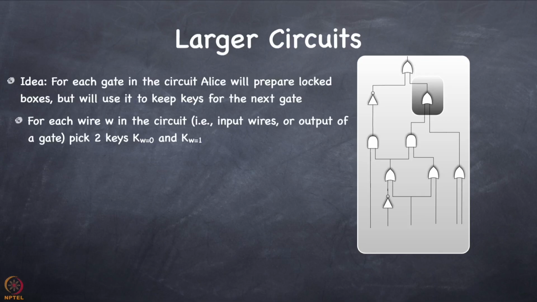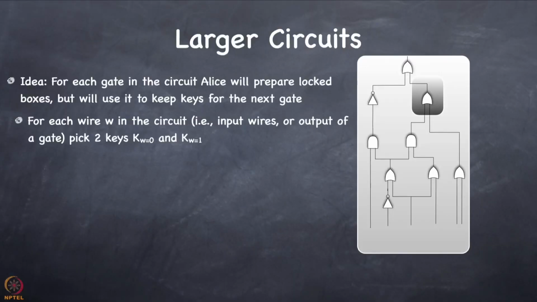In the previous case, there were only 2 wires, when there was only one gate: X and Y, the 2 input wires. Now there are many wires in the circuit. For each of them, there will be 2 keys corresponding to W equal to 0 and W equal to 1. So here are all the keys that are relevant to that gate.